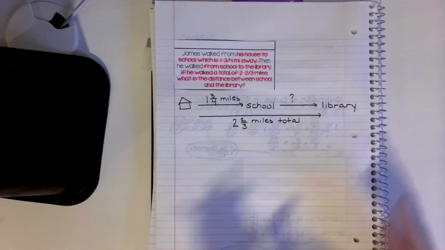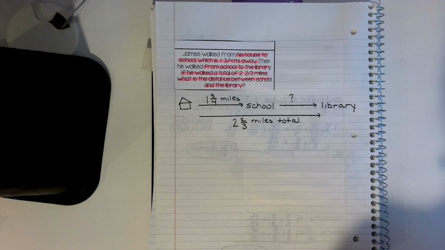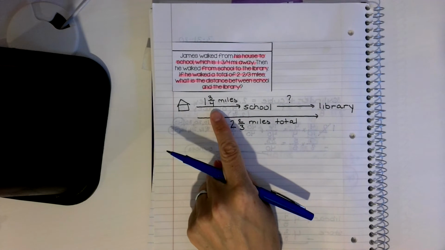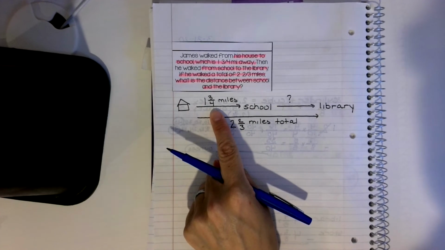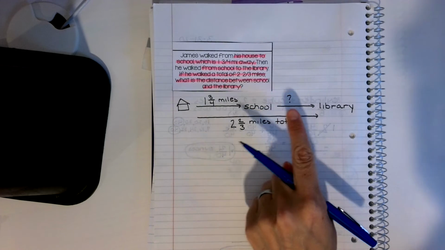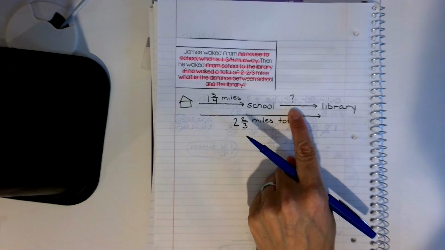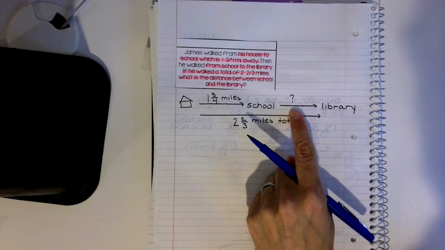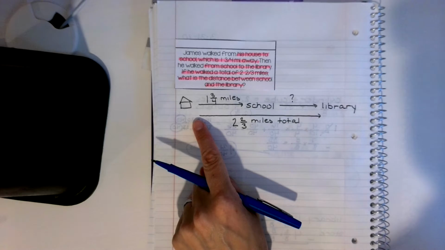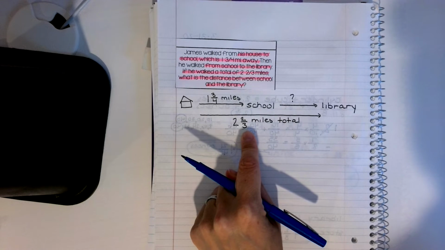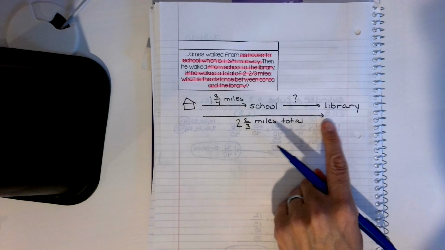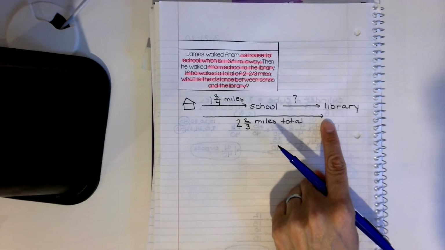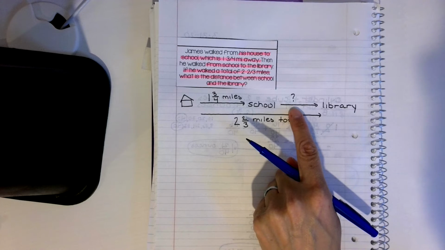So James walked from his house to school, which is 1 3/4 miles away. Then he walked from school to the library, and we don't know the amount for the library. If he walked a total of 2 2/3 miles, so the whole thing is 2 2/3 miles, what is the distance between school and the library?